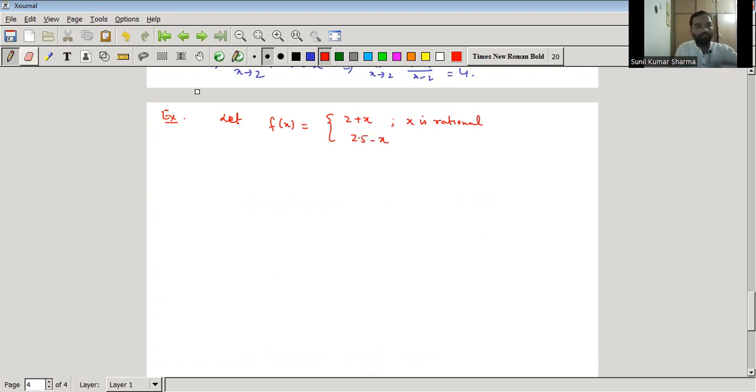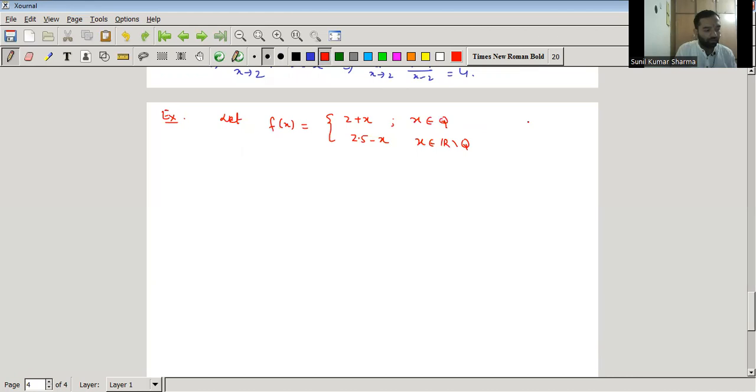So instead of writing x is rational and irrational, I can write x belongs to Q, which means x is rational, and x belongs to R minus Q, that is irrational. We can also write Q complement, that is irrational.